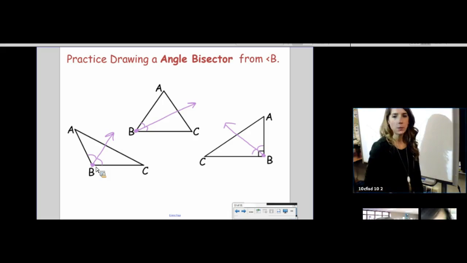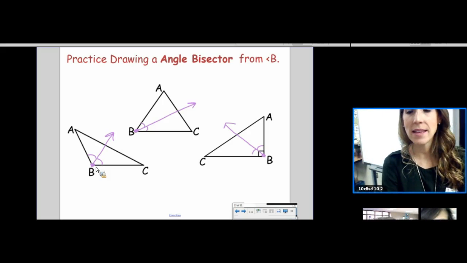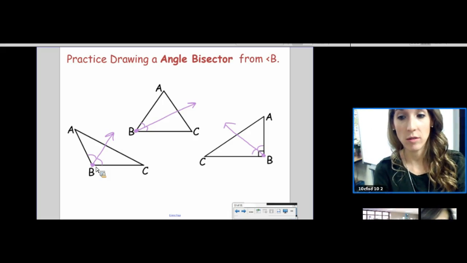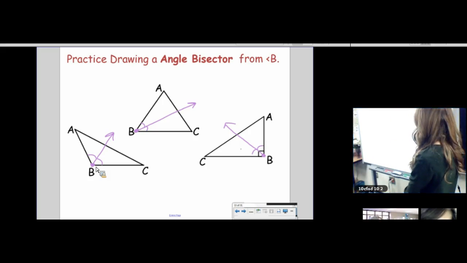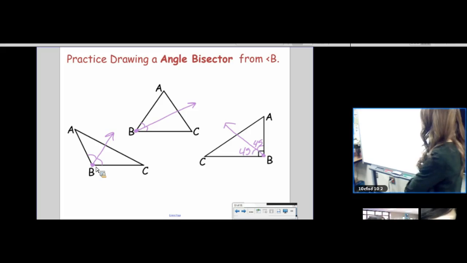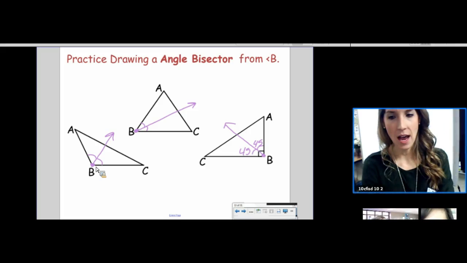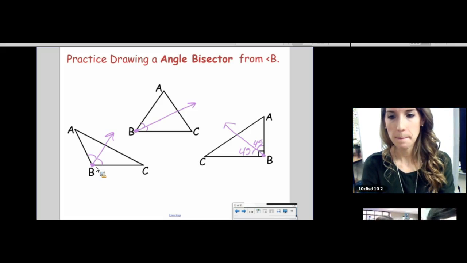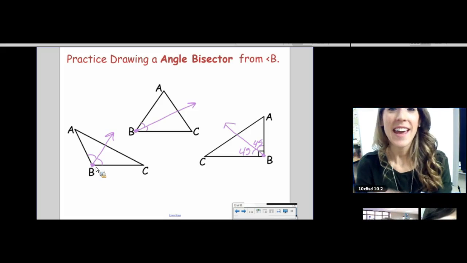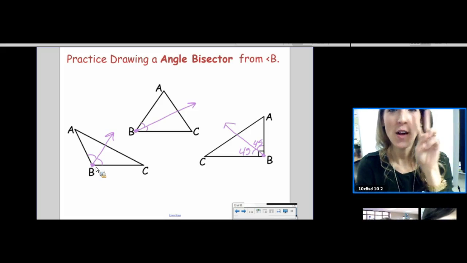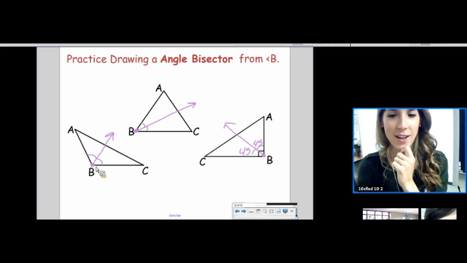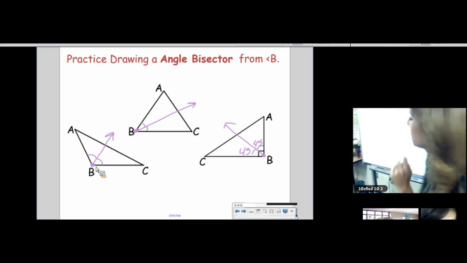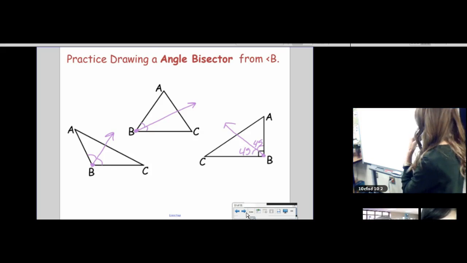Now, just because I'm bisecting the angle, does that mean that I'm bisecting the side too? Good. 45, 45 over here. Just because I'm bisecting the angle, does that mean I'm bisecting the side? Well, it does mean I'm bisecting the side for two special cases. And what do you think those two cases are? No surprise there.